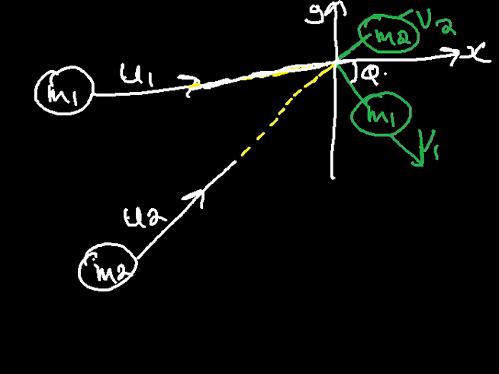Let's say this is the case, and our object of mass m2 is moving at an angle theta 2 before it collides with object 1, and after collision it is at an angle theta 3 against the x-axis.